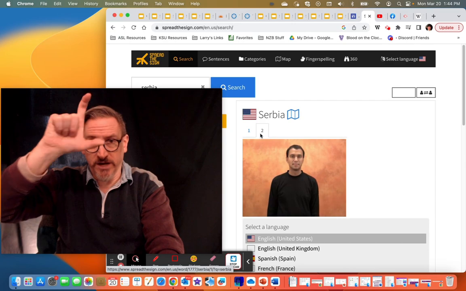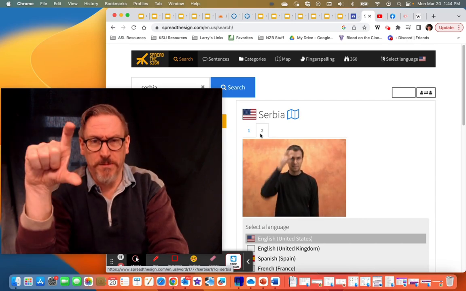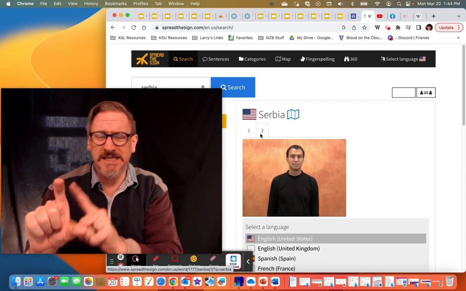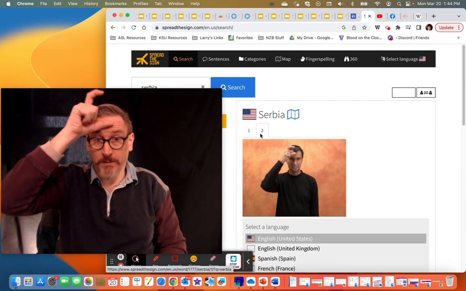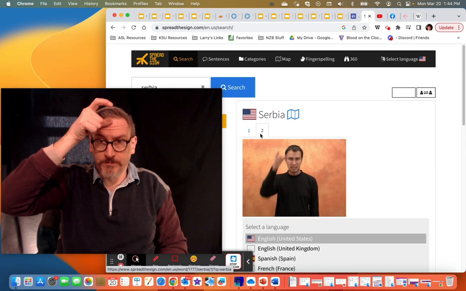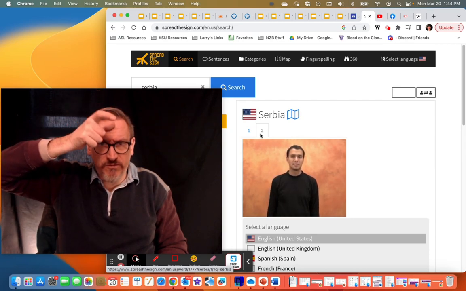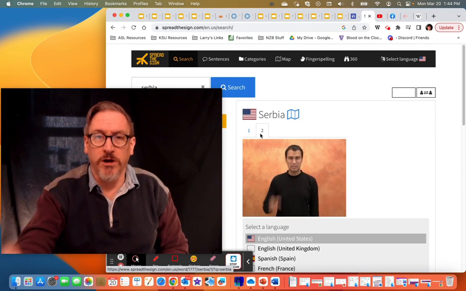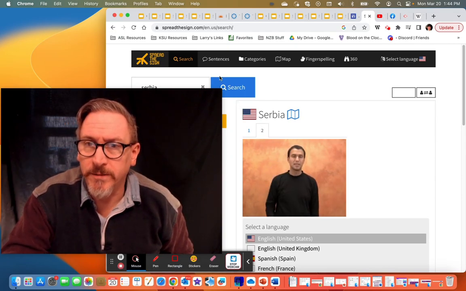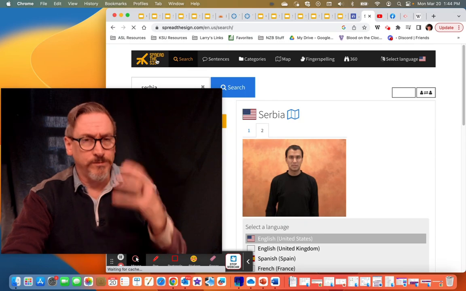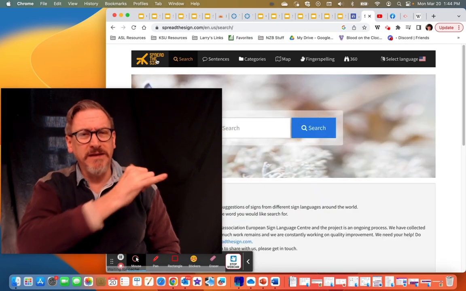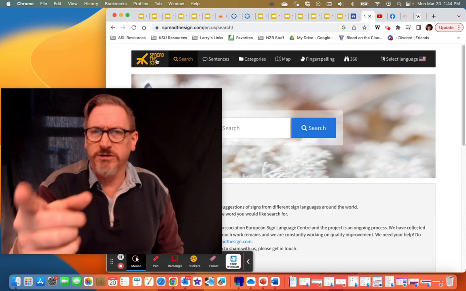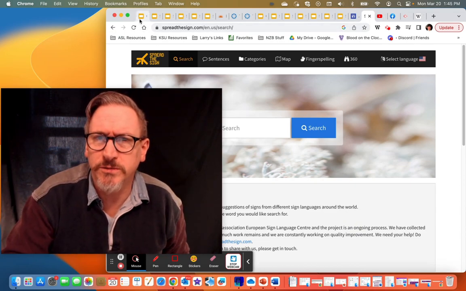So the individual fingers here are bent like a slim C, maybe. It may be tipped forward, but Serbia going across. So there are other signs. I believe Yugoslavia used to be the sash going across. I wish Spread the Sign had the old signs too. Anyway.